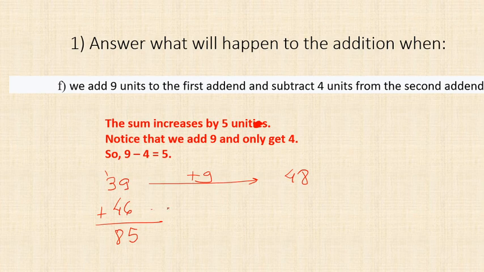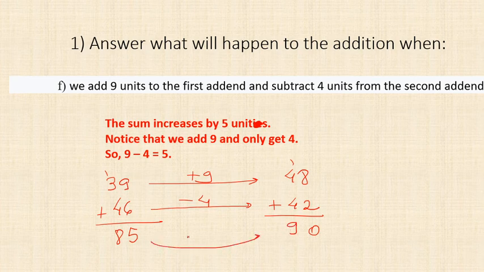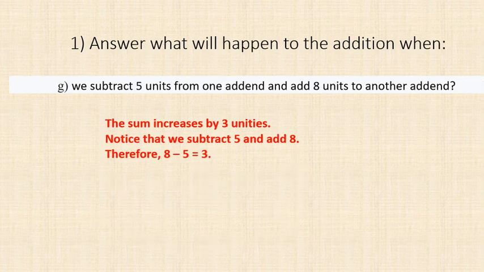And I'm going to subtract 4 in the second addend. It will become 42. When I make this addition, this gives me 90. So my result increased in 5 units because I have 9 minus 4, which is 5, is the final increase I have. Then letter G.